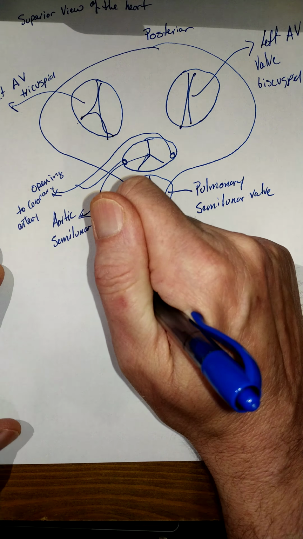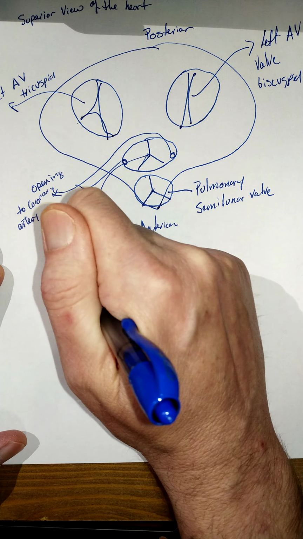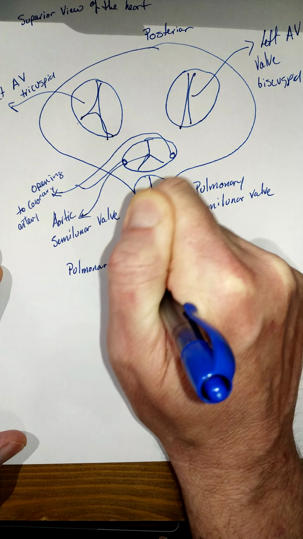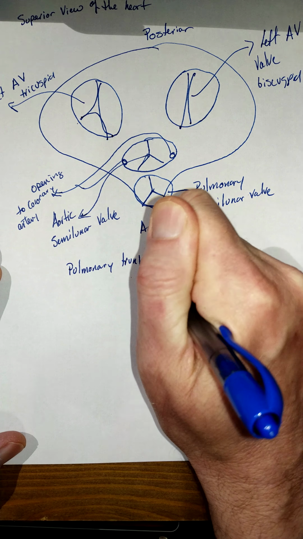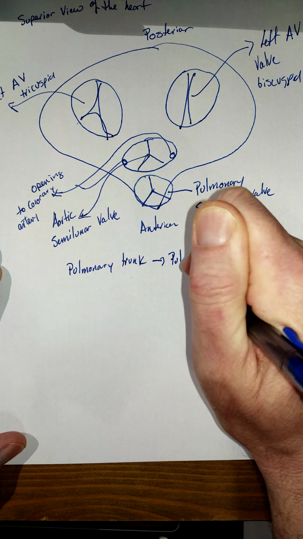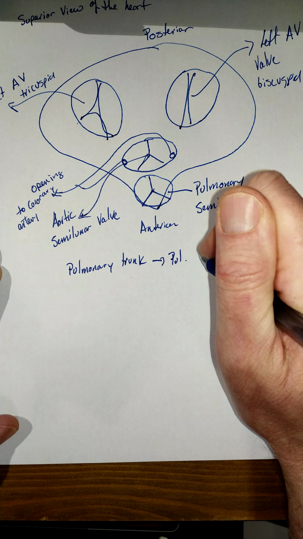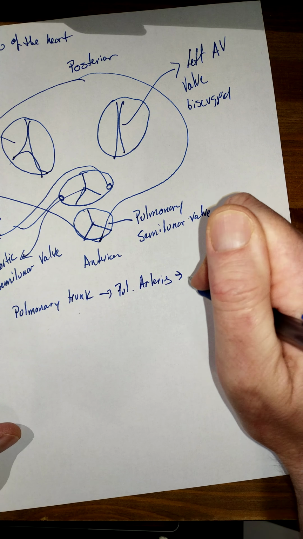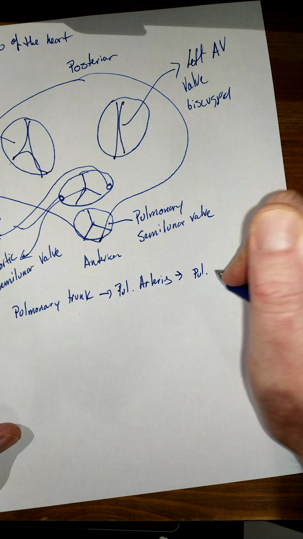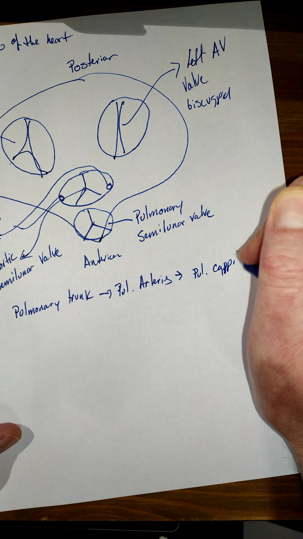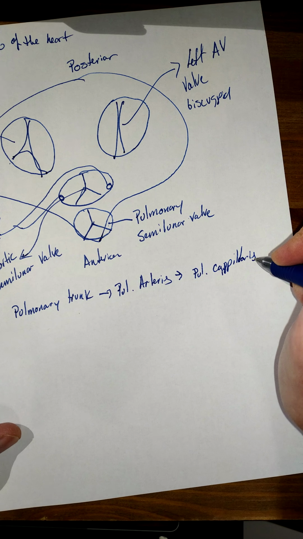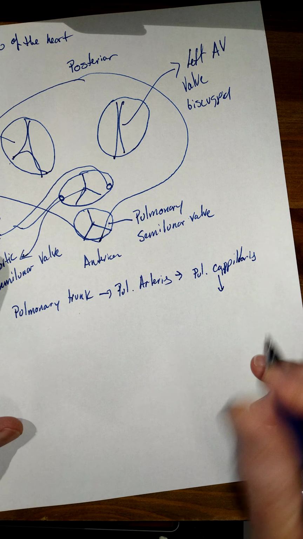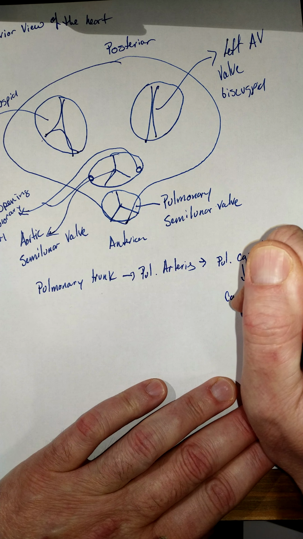So we can start with the pulmonary trunk, to the pulmonary arteries, to the pulmonary capillaries, the capillaries of the lungs.